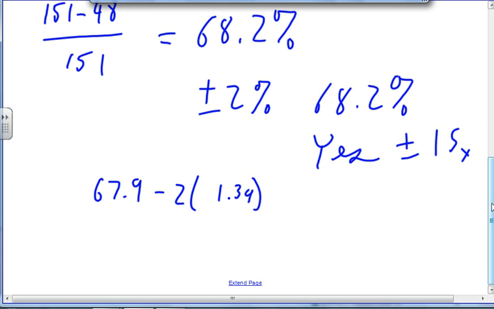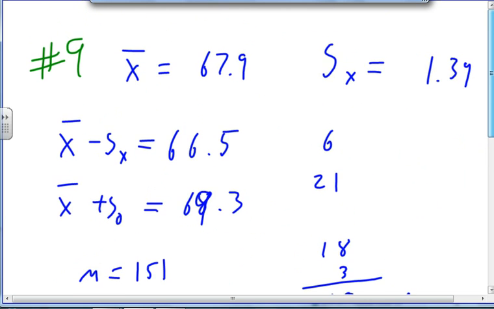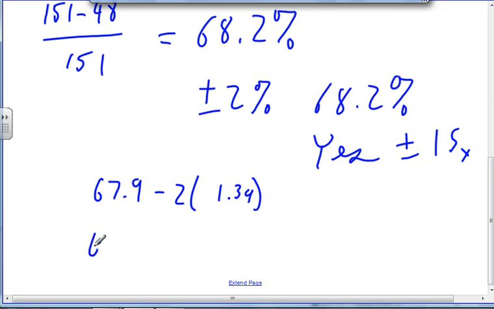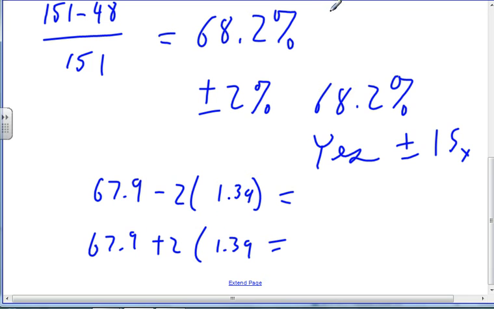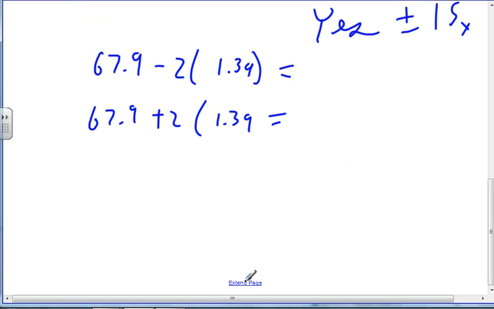Is that what I was using before? Yeah, it was. And then 67.9 plus 2 times 1.39. So those are the two calculations we want to do. You get 1.39. That's s of x. It's given to me in the problem.